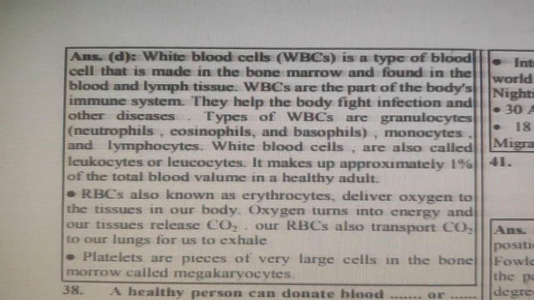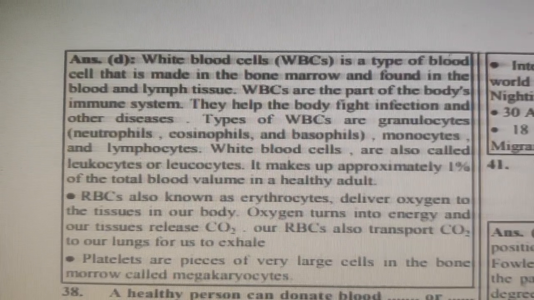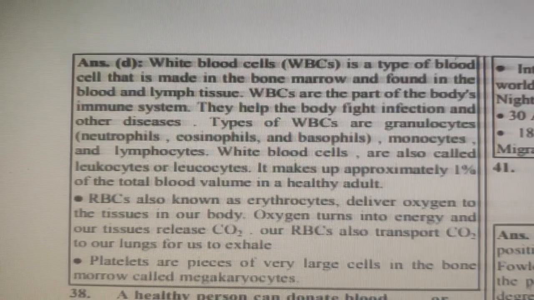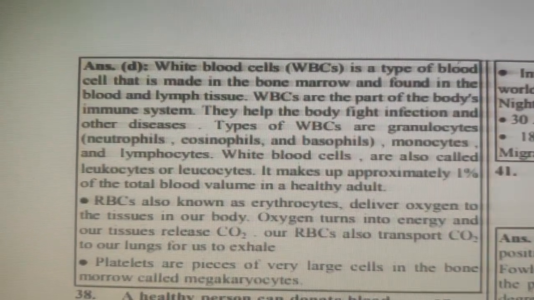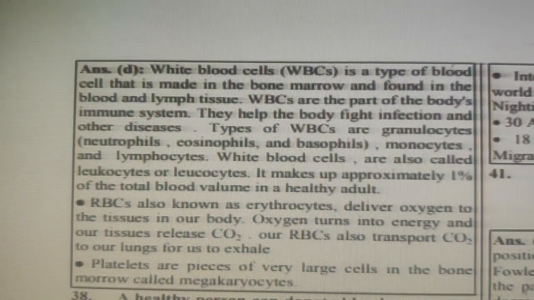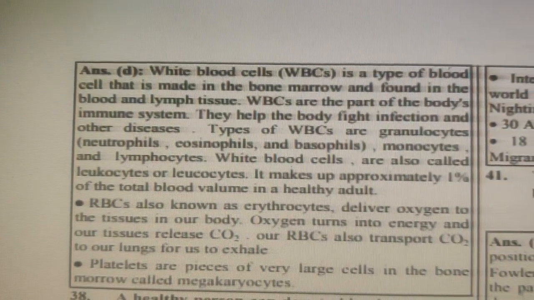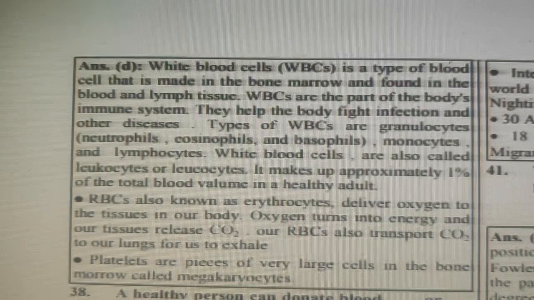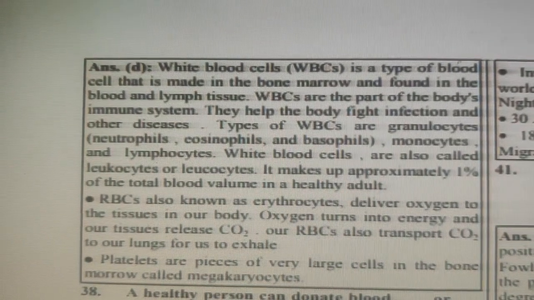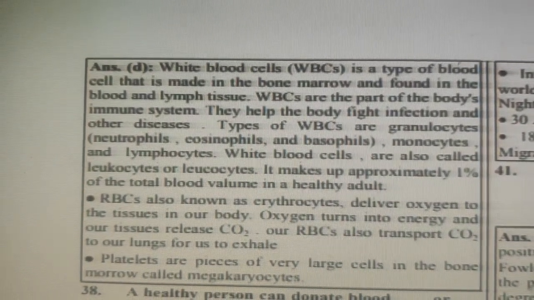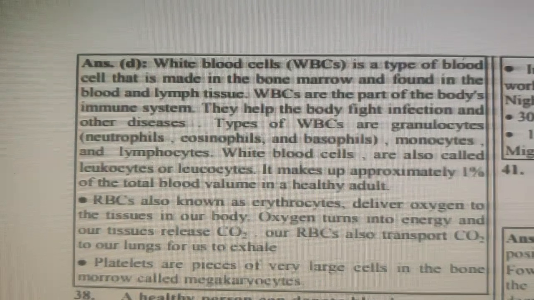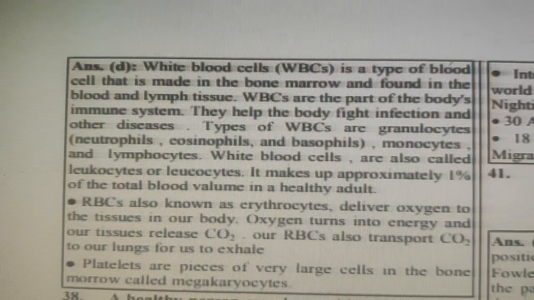Types of WBC are granulocytes, neutrophils, eosinophils and basophils. Monocytes and lymphocytes are also white blood cells. They are also called leukocytes, and make up approximately 1% of the total blood volume in a healthy adult.